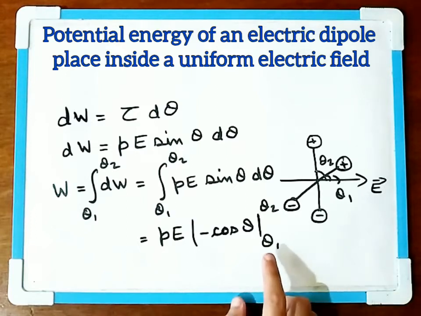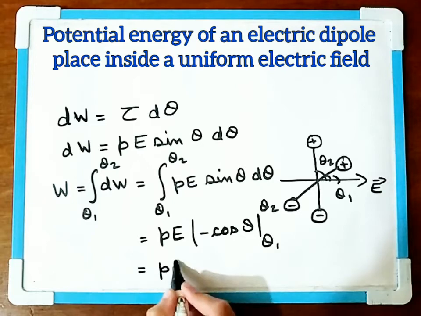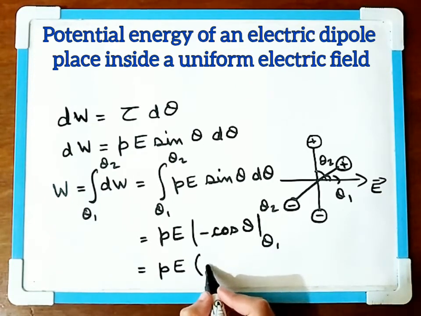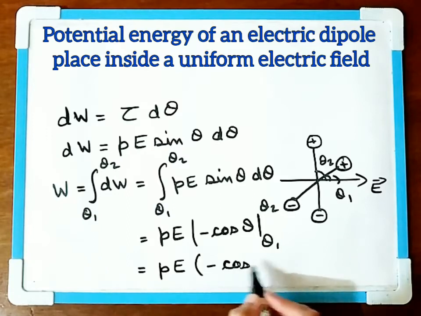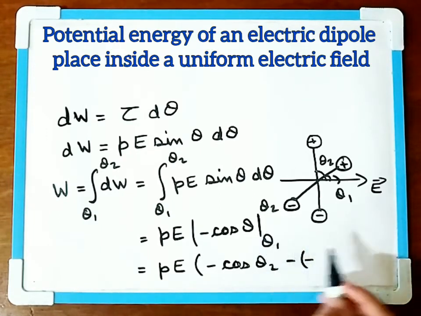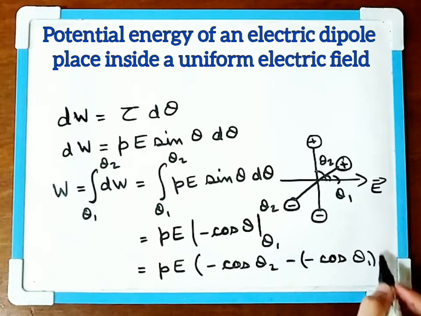And now we put the limits of theta 1 and theta 2. What we'll get is PE, and upon putting the limit, we have the upper limit, minus cos theta 2, then the lower limit, which is theta 1, so cos theta 1. Then minus, and this minus will be plus.